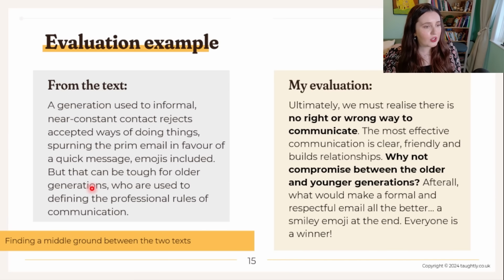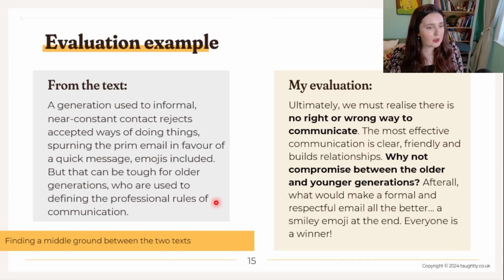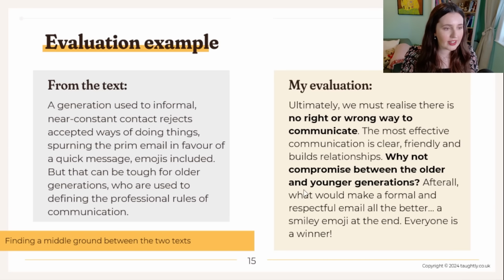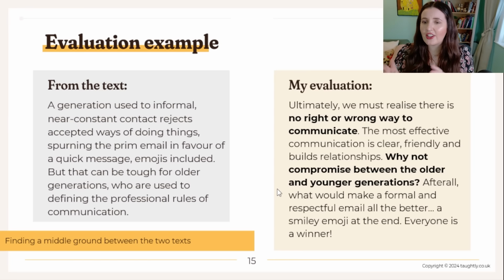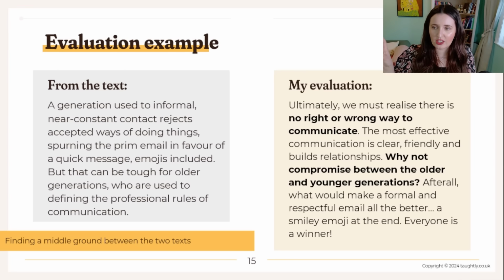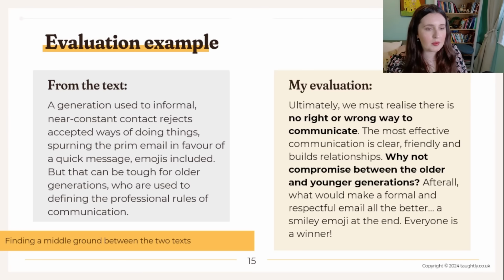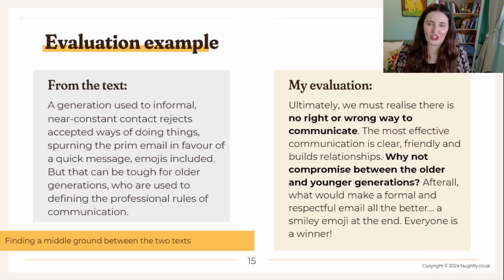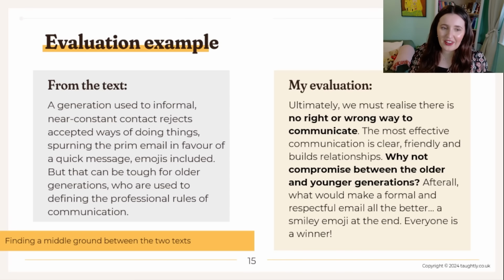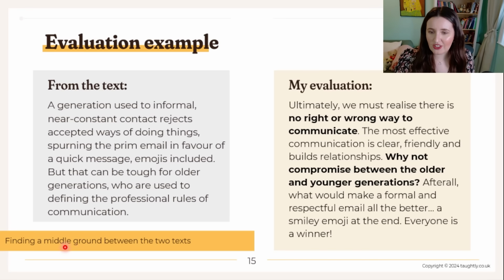But that can be tough for older generations who are used to defining the professional rules of communication. So this idea of a generation gap. Older people expect us to communicate one way and younger people expect to communicate another way. And I feel like the text is trying to get you to say one way is right. But is one way right? Can't we just have a mixture of being formal but putting a smiley face as well? So my evaluation here is finding that middle ground between the two texts, a compromise.